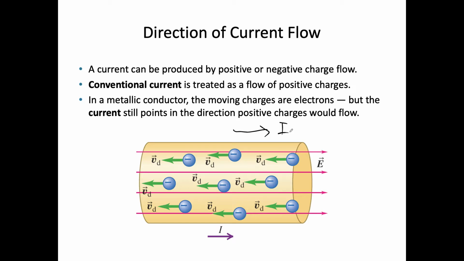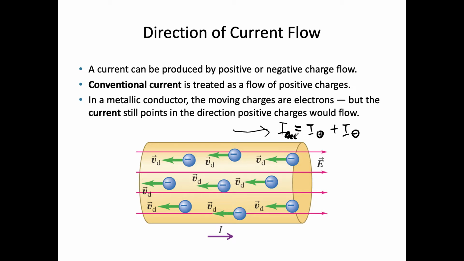You have to sum the current by positive charge and the current by negative charge. You add them together and it will give you the net current.